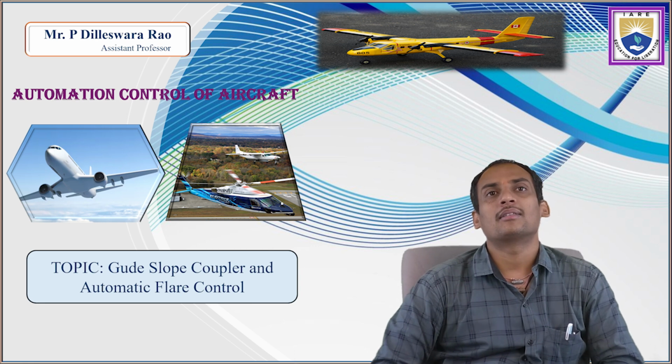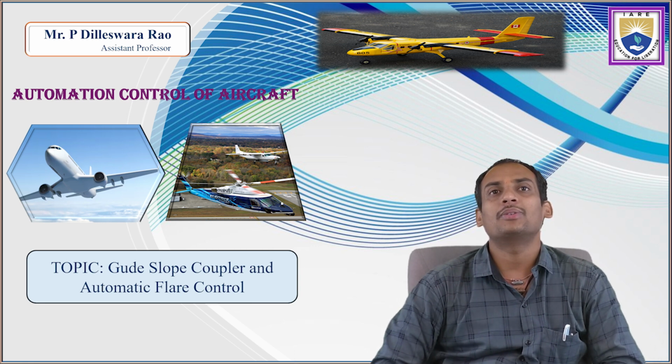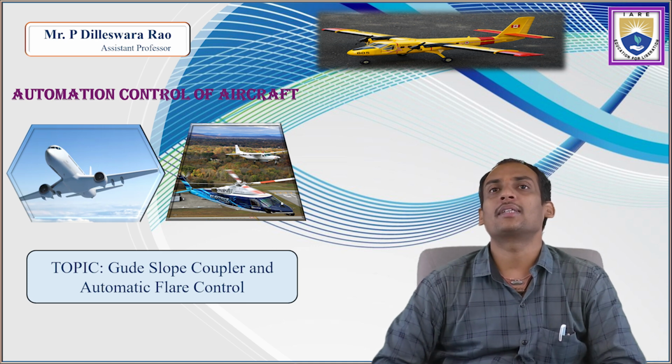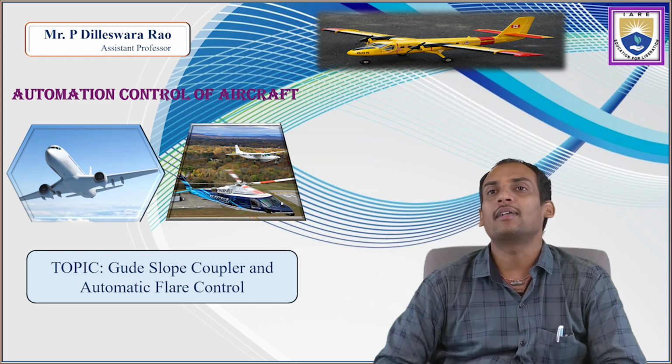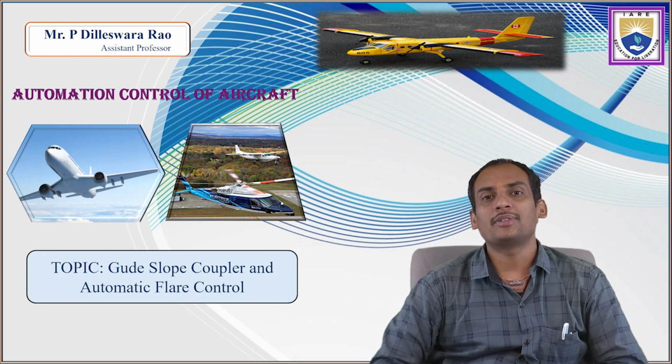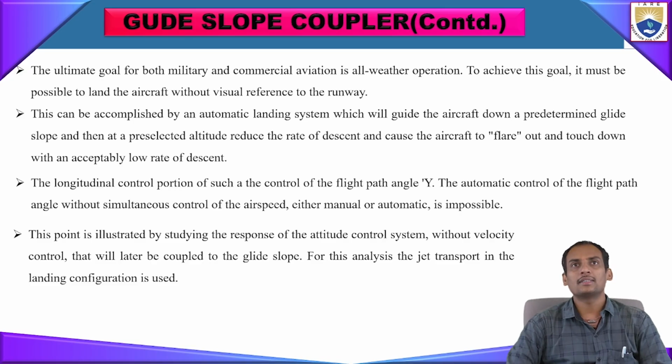So glide slope means, in general, when the control surfaces are in a trim condition, you can see how the aircraft will be moving on the air surface without any control surface input.